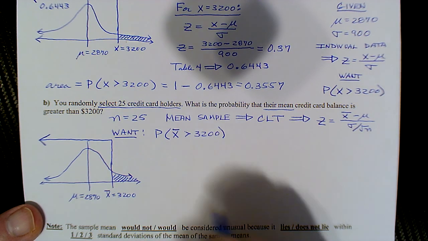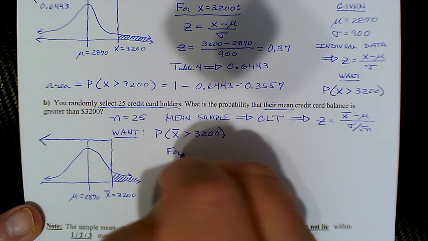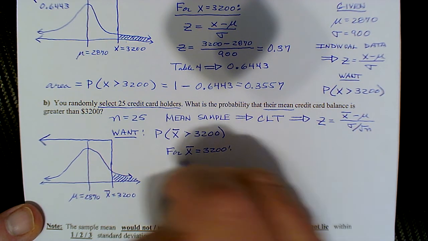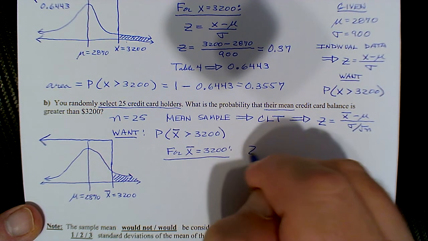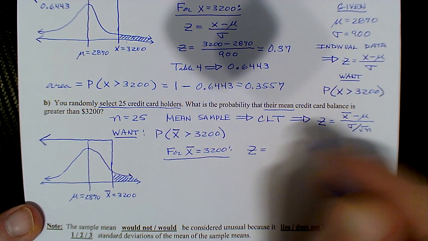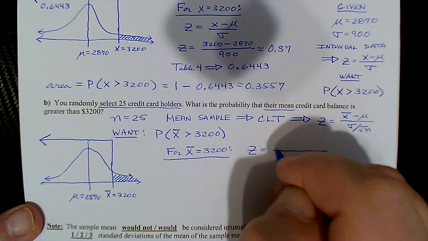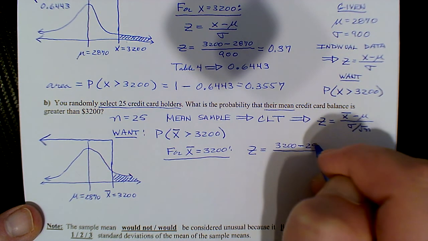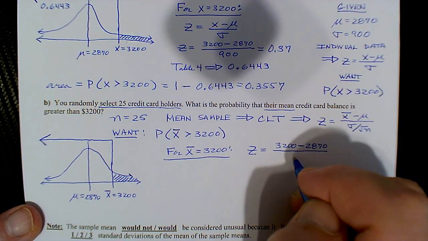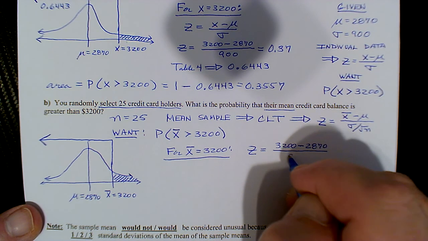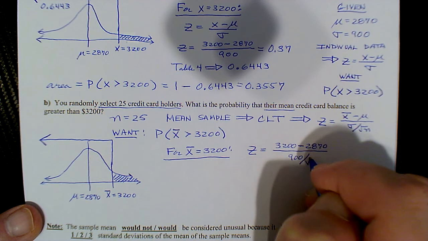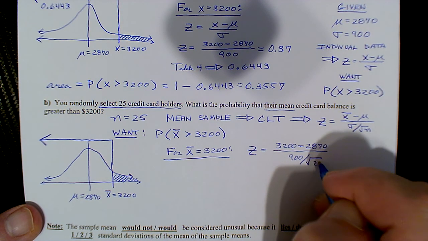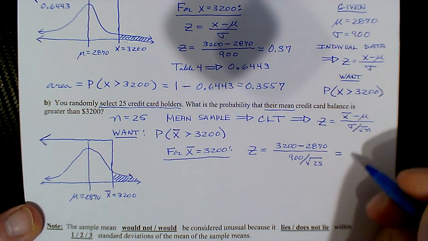And so, let's say for x bar equaling the 3200. Okay, once again, our z-score formula is x bar minus mu, so 3200 minus the mean of 2870 again, but divided by the standard deviation, which was the 900, that's being divided by the square root of n, and n, in this case, was the 25.